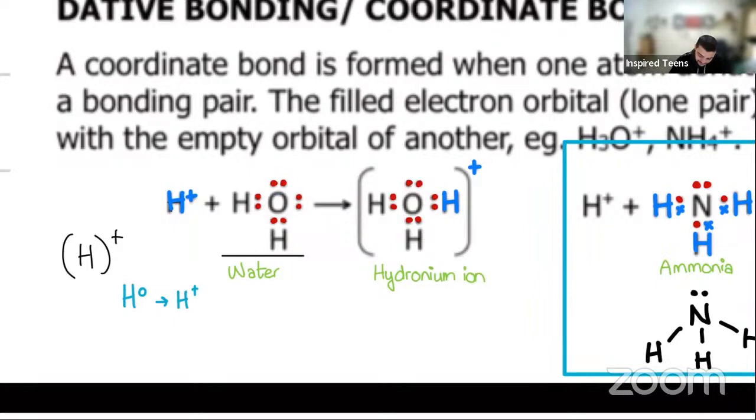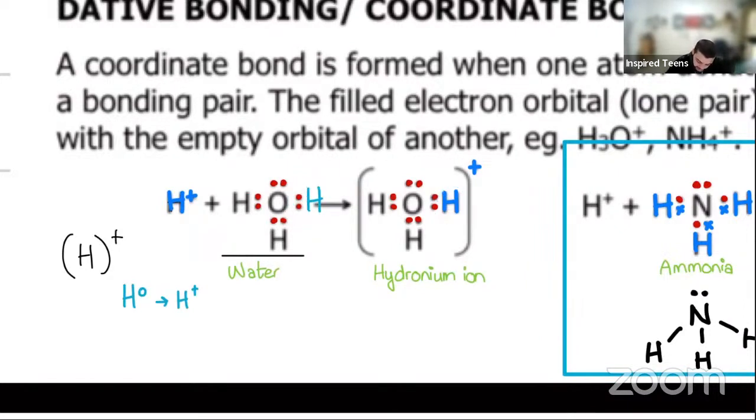What happens is this H plus goes and bonds with this H2O molecule. It does not donate any electrons, but because this H2O has a lone pair, it has the ability to bond with a hydrogen without the need of the hydrogen donating an electron. So this H2O can donate both electrons to form the bond with this third H. And that's exactly what happens here.